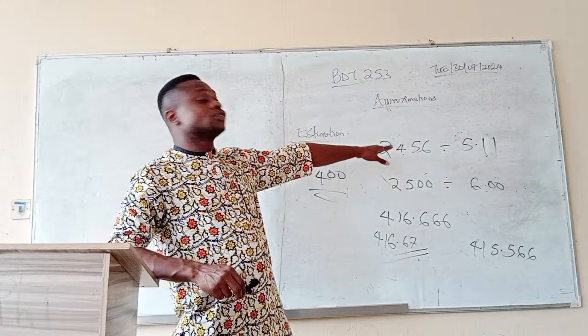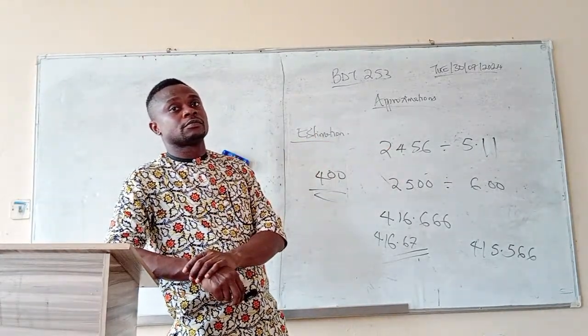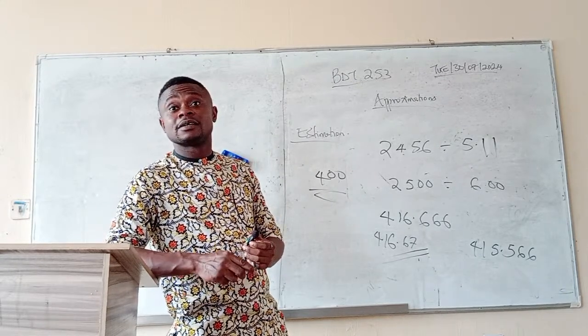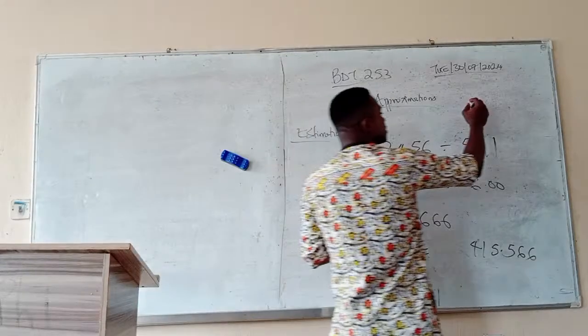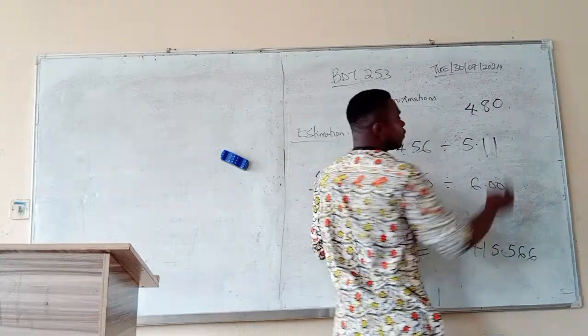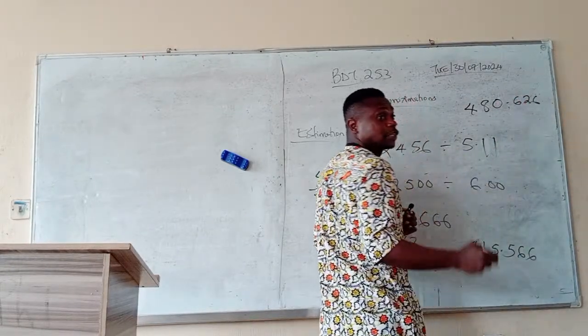Now punch 2,456 divided by 5.11. 491. Punch again now. It's 4.8. But the estimate is what?